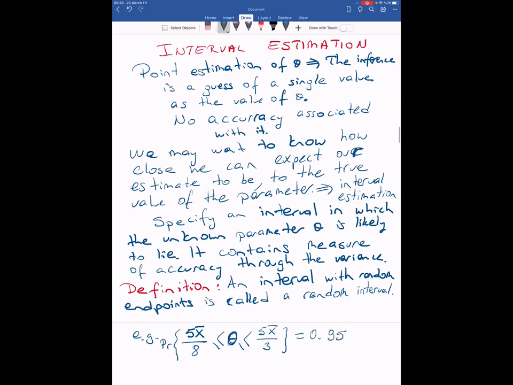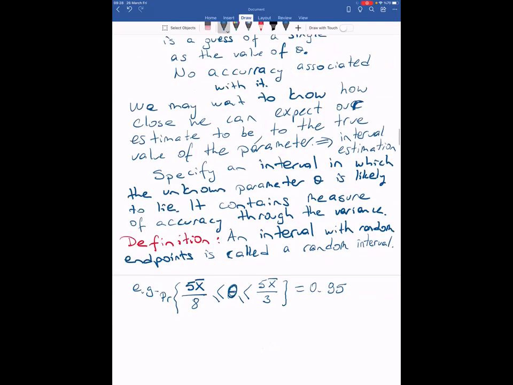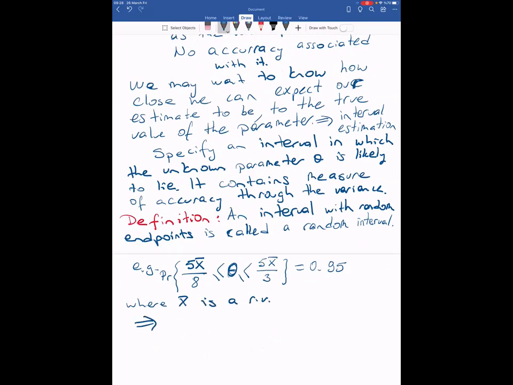Here, this x bar is a random variable. So this means that this interval, 5x bar over 8 and 5x bar over 3, let's say, will be a random interval. Then we can calculate its probability.